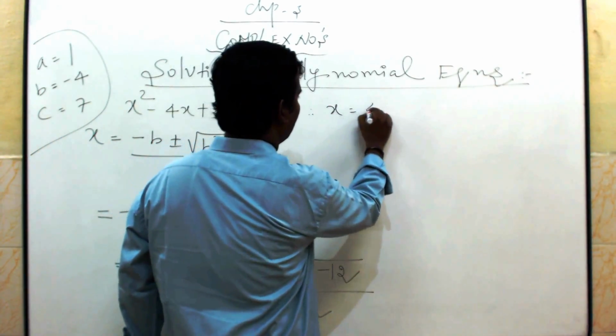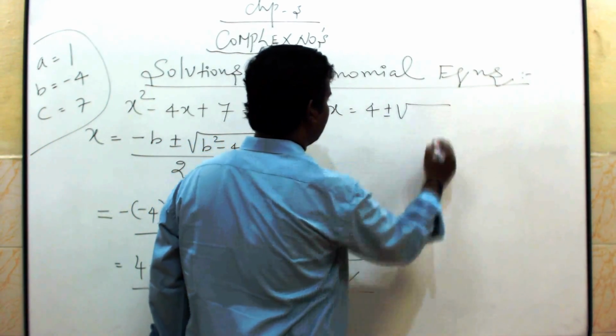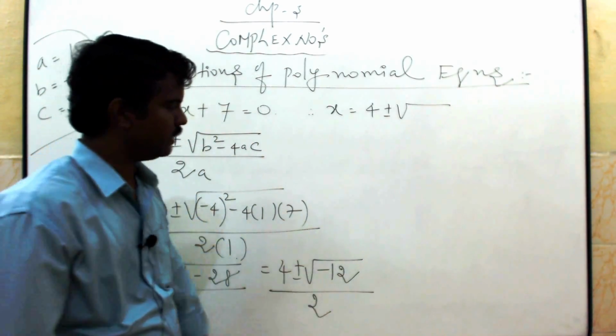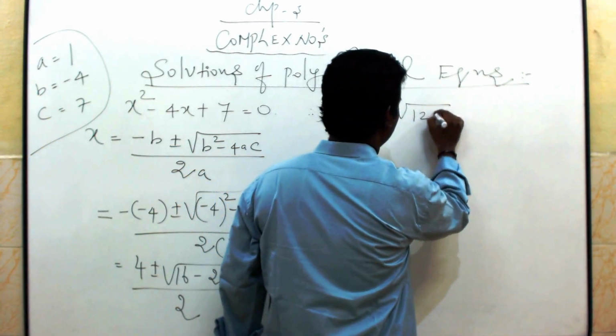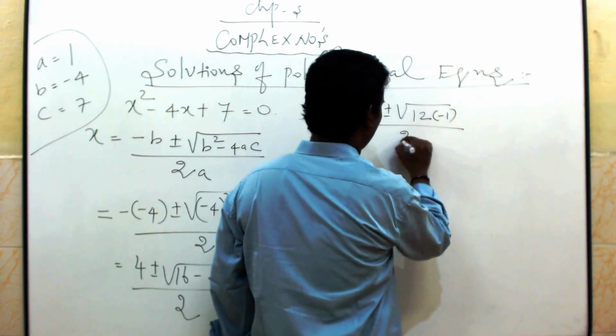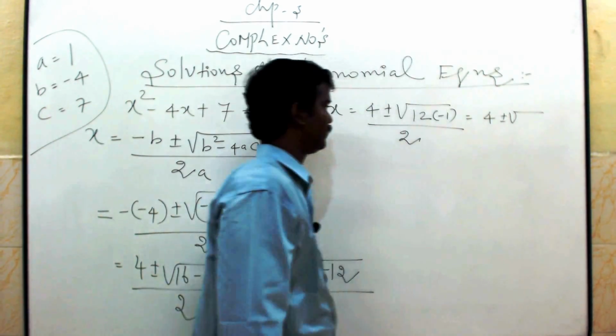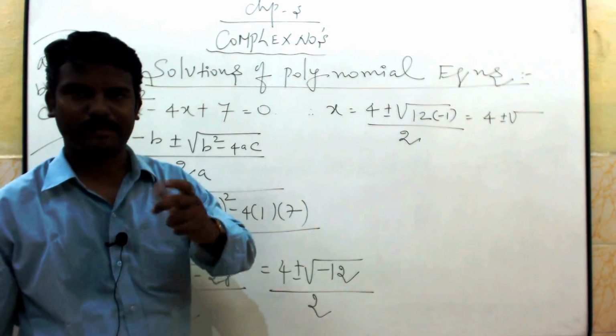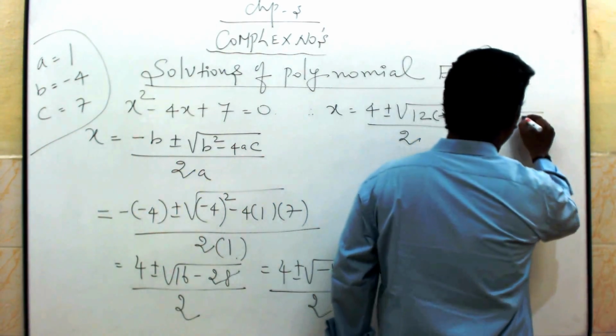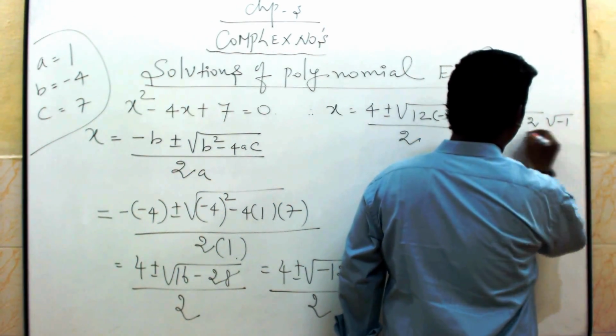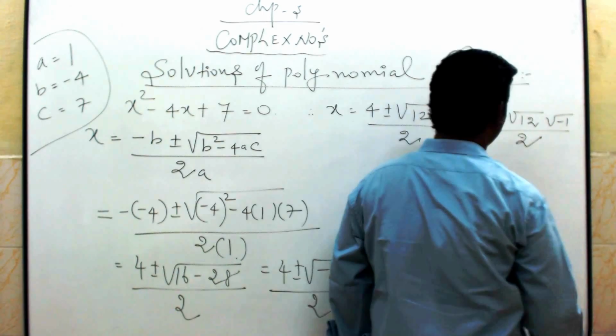So therefore x is equal to 4 plus or minus square root of -12, which can be written as 12 into -1, divided by 2. That is 4 plus or minus, this can be written as, break it into two, square root of 12 into square root of -1 divided by 2.